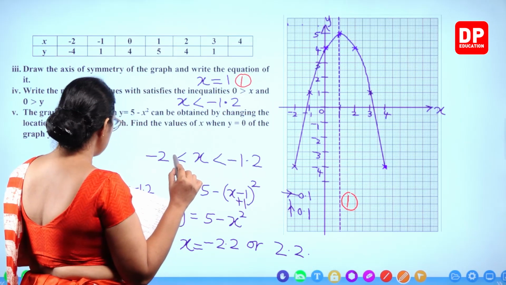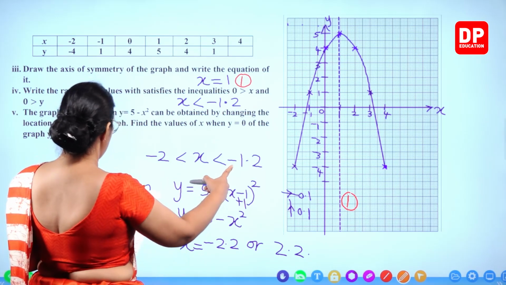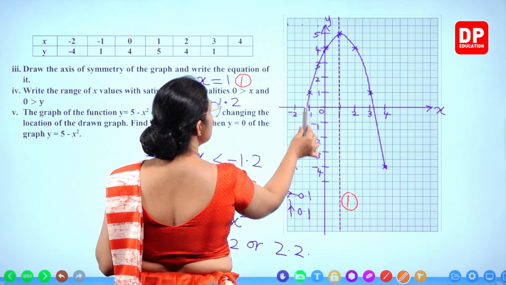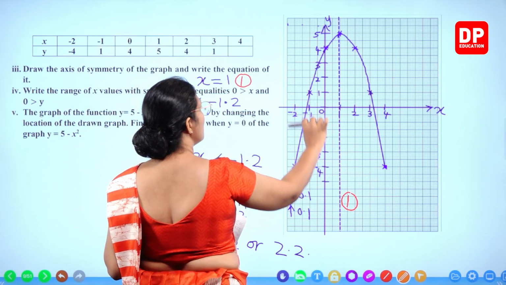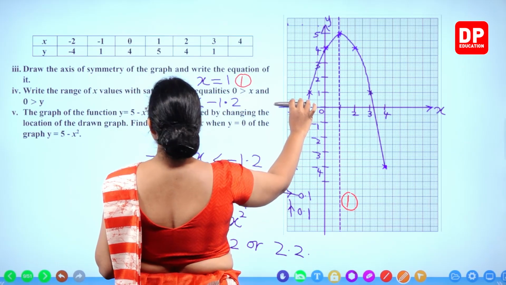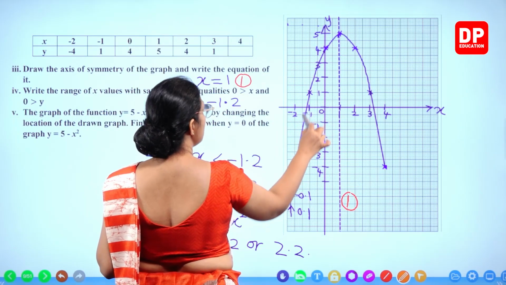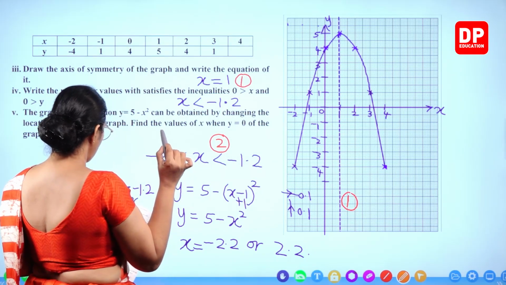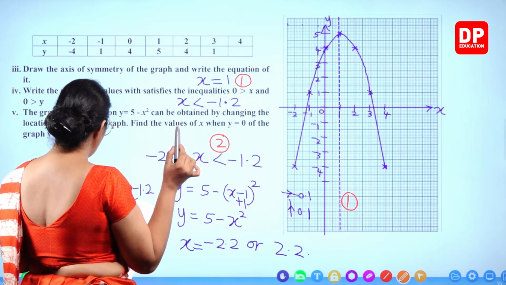And then writing down the inequality, from minus 1.2 to minus 2 here, because it says y should be less than 0, so below the x-axis, and x should be less than 0. Here, only this part, from here to here, you get 2 marks for this inequality. Or you can write this as well: x is less than minus 1.2.